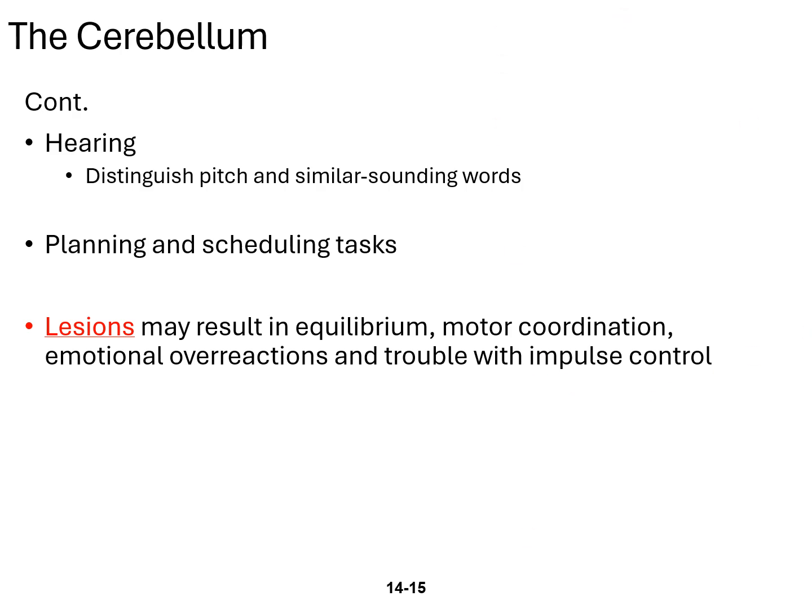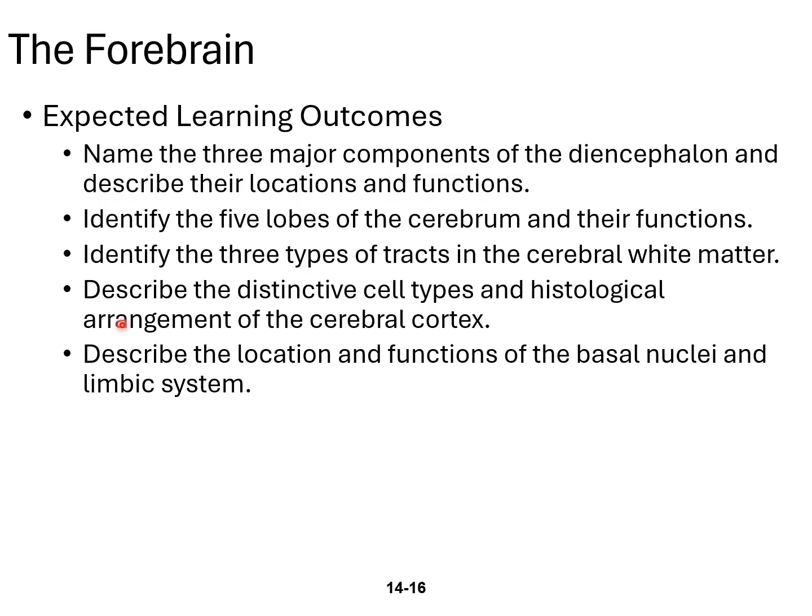So okay. So all right, forebrain. What are the different parts of the forebrain, and what are those parts going to do? So we're going to identify the 5 lobes, cerebellum. We're going to look at the 3 major components of the diencephalon. We kind of mentioned that before. What are the 3 types of tracts of cerebral white matter?